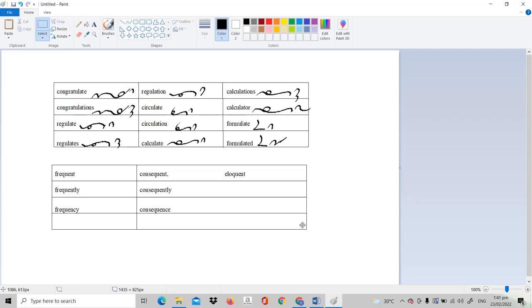Bakit ito hindi naka-disjoint? Wait, check natin. Two, three, four. It's a joint pala. I'm sorry. It's a joint. Joint K.